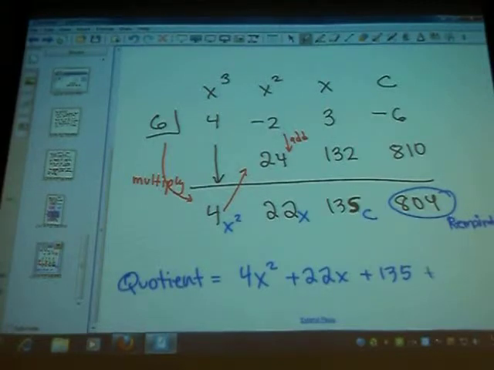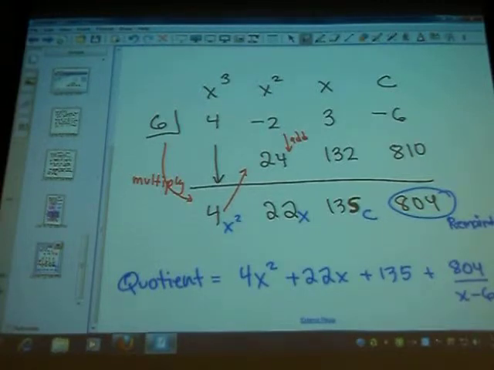You can write it with an R. You can also write it as a fraction: the remainder divided by the divisor, which in this case was x minus 6. You put your remainder over what you divided by, and that's the answer. If the question was just for me to divide, that would be my answer.